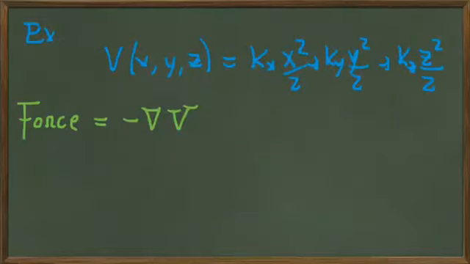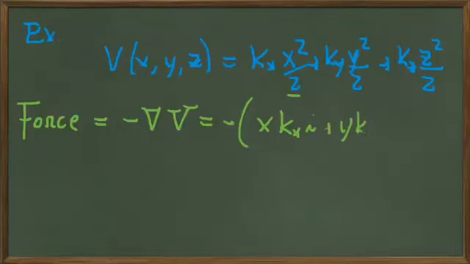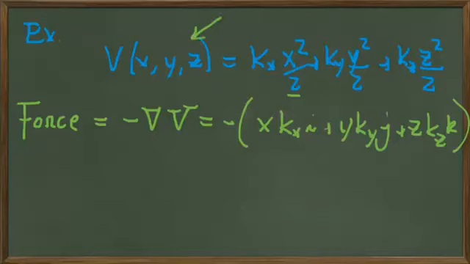So in calculating that, kx, ky, kz are constants, so we get minus out front. The derivative of this is just x, so it's x k sub x i plus y k sub y j plus z k sub z k. So there's the force, if we know that this is the mechanical potential energy.